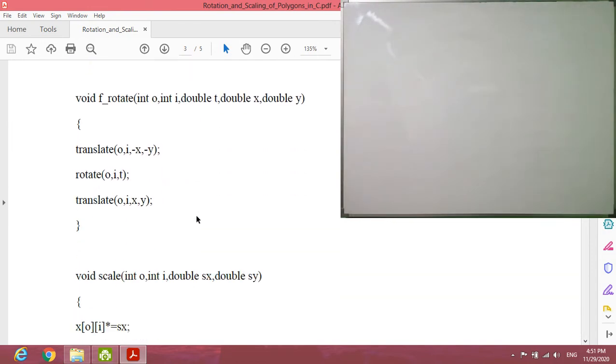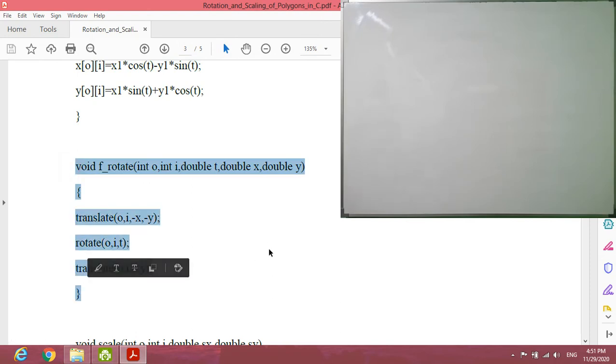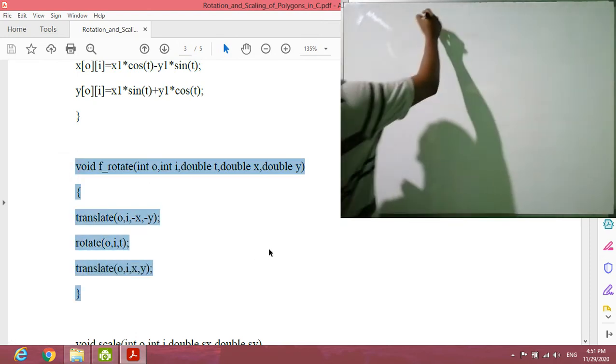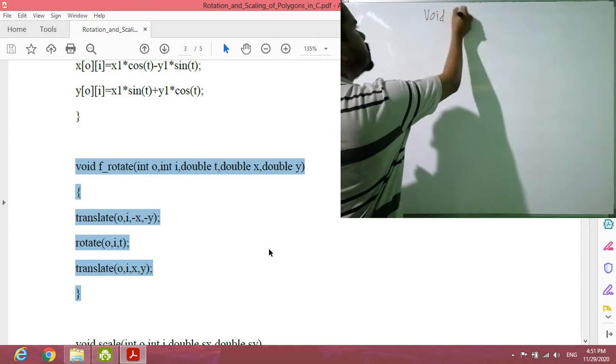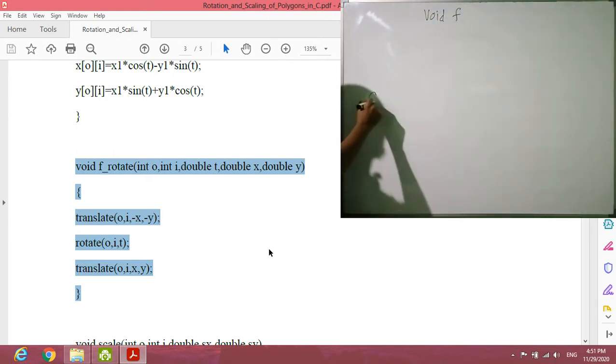Then another function, f rotate, void f rotate. Here from f I just denote fixed.